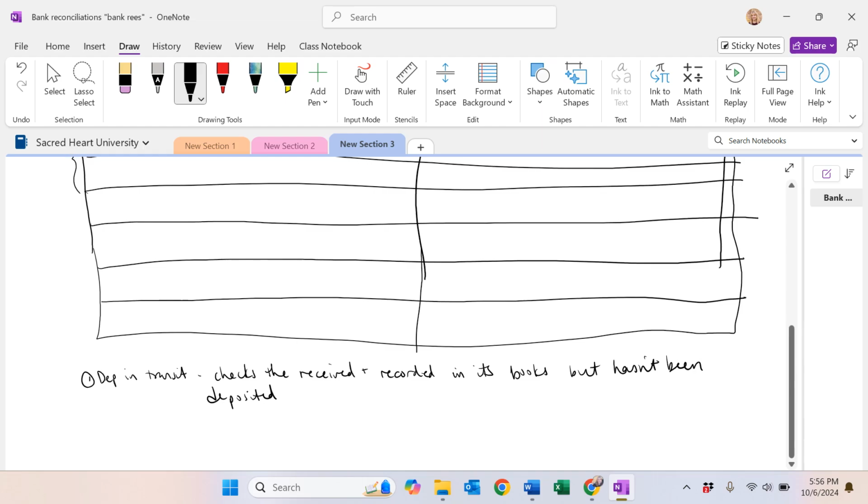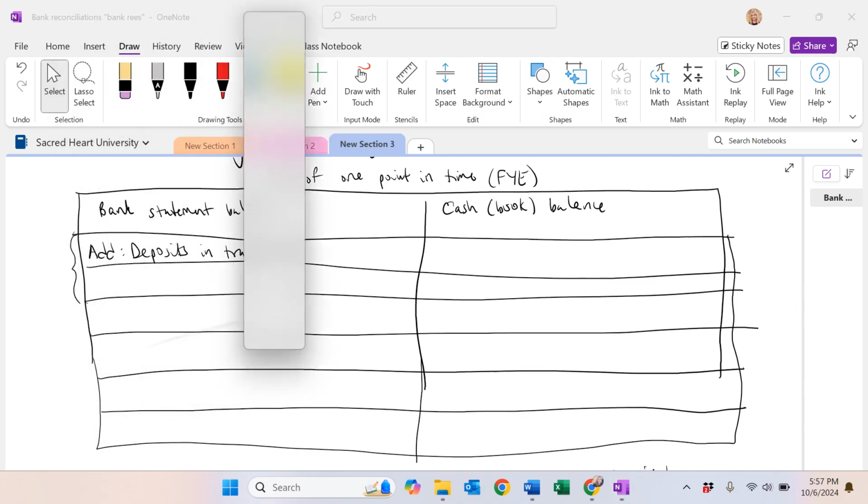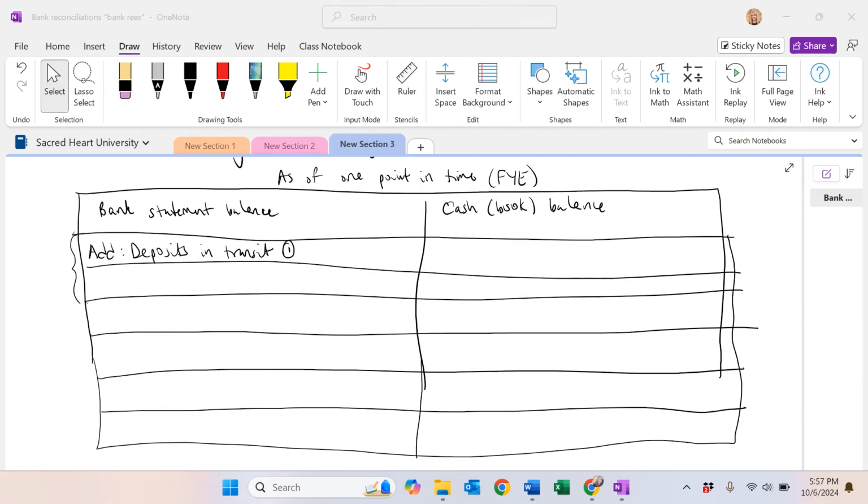So maybe it's recorded and then the checks are just waiting to go to the bank, or maybe they were deposited and it takes a day or two for that check to clear, for the funds to come out of the customer's account and into the company's bank account. So it could be in that period. Okay, so because they were already adjusted on the books, but they weren't included on the bank statement balance, this is stuff that the company recorded, but the bank didn't.